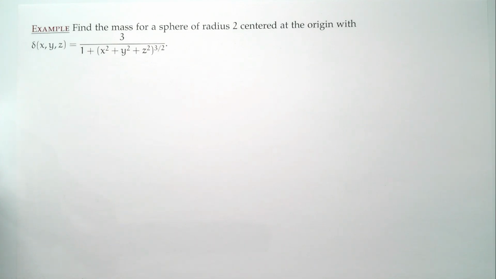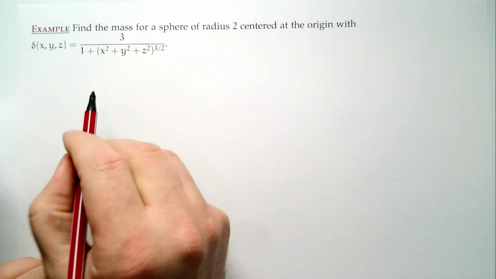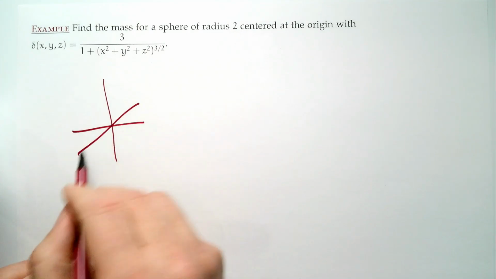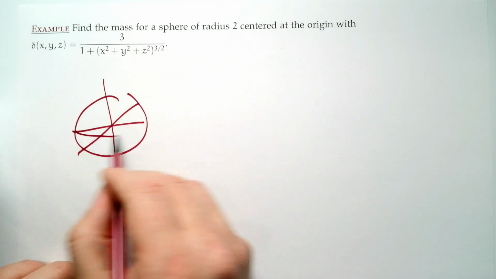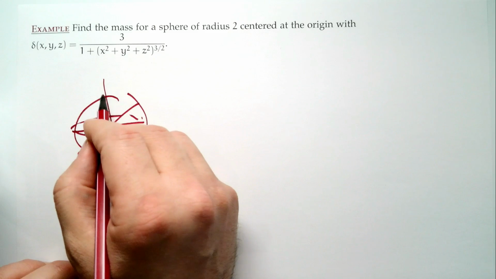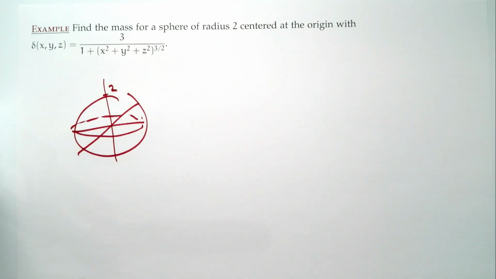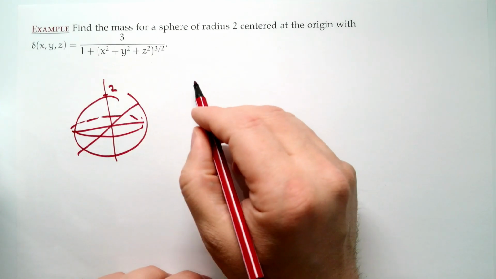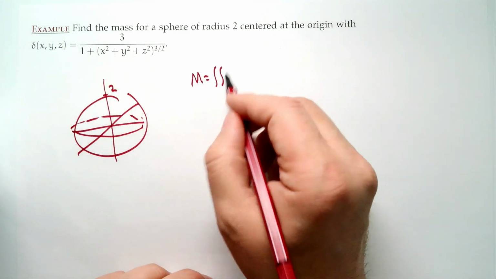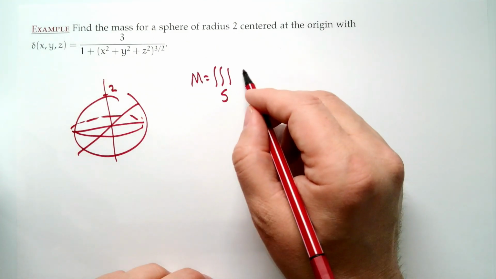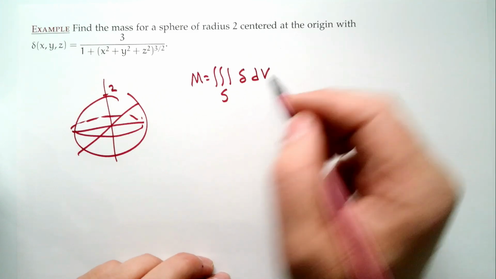Well, okay. So our picture, we have a sphere. So there's our sphere, radius 2. We know our plan, because we said our plan is to figure out how to do this in spherical coordinates. So we're going to do it in spherical coordinates. So our mass is going to be the integral over our sphere of our density dV.